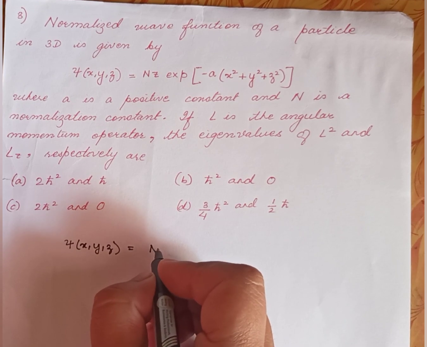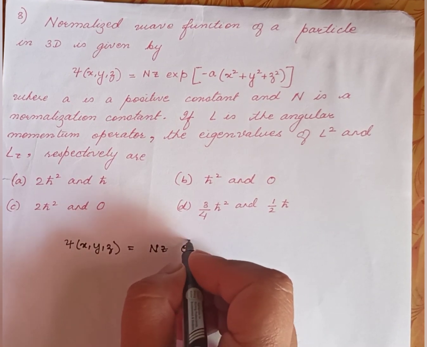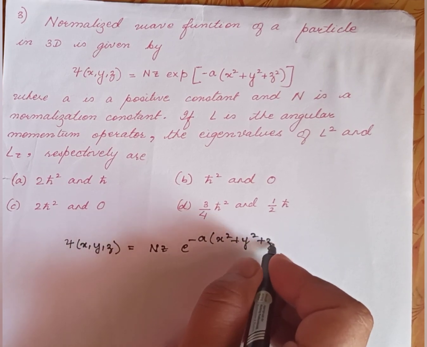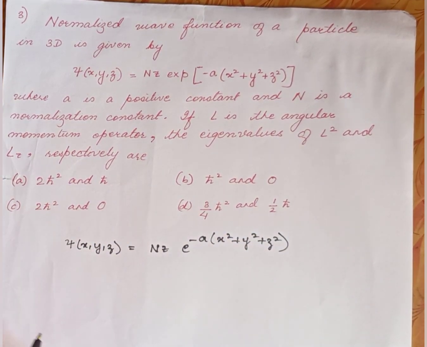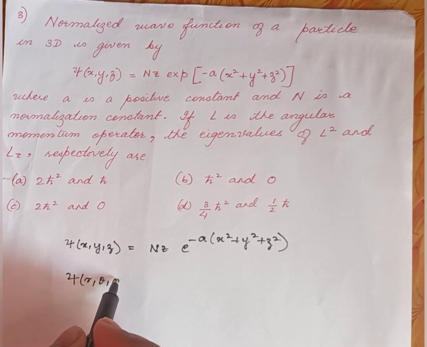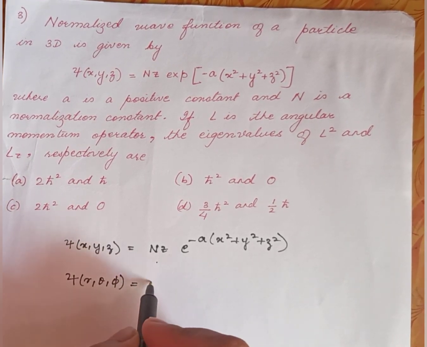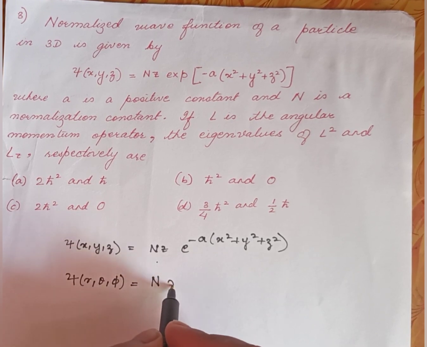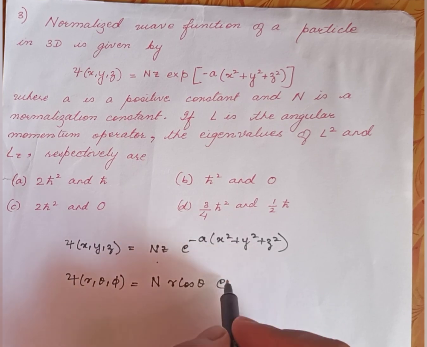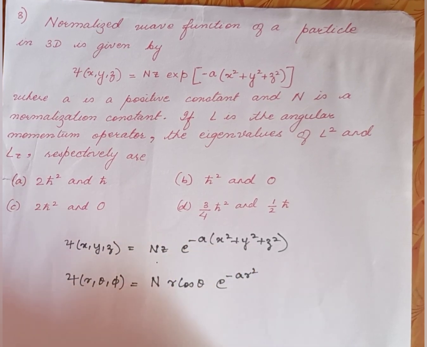It is given as e to the power minus a times x square plus y square plus z square. So now in terms of psi of r, theta, phi, you have N, and z is your r cos theta, and this quantity here is r square.